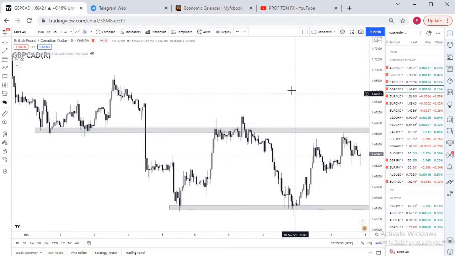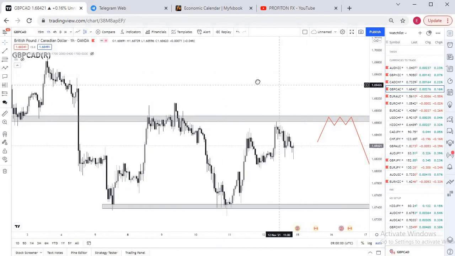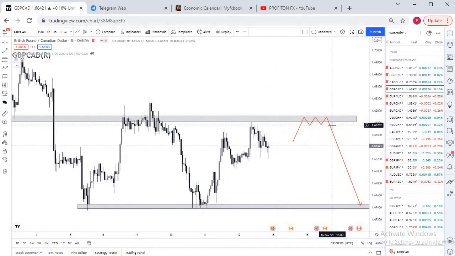Now, we are currently coming back here, as I've explained, and I'll be looking for another shorting opportunity at this level here. If we see something close to this, some sort of consolidation, I'll be really looking to short this market. And again, of course, I wouldn't like to take any chances on this currency pair.